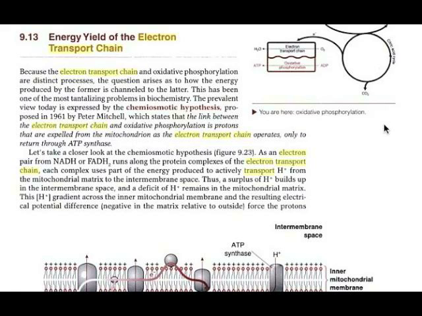So, what we're looking at here is the electron transport chain. I'm going to say our body is powered by electrons, or the consumption of electrons.